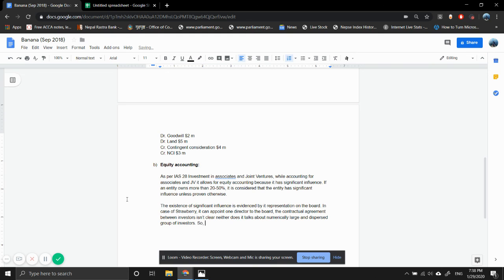So it can be concluded that Banana only has significant influence but not control. Thus, it can be classified as associate and be equity accounted.